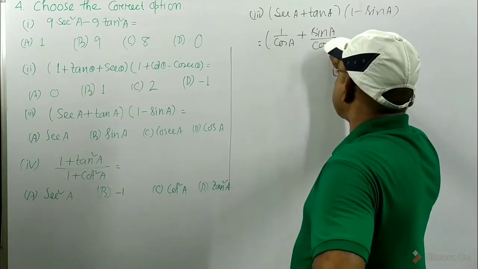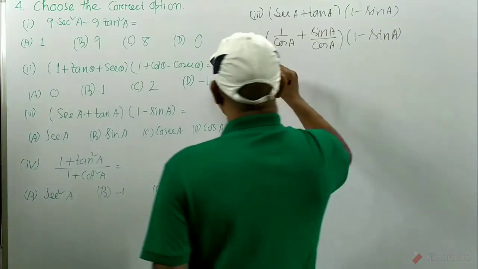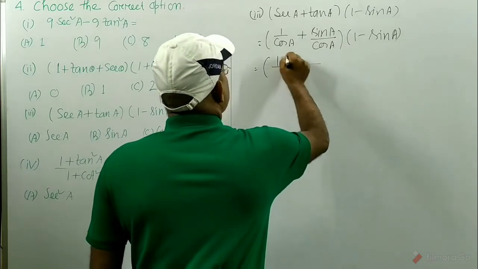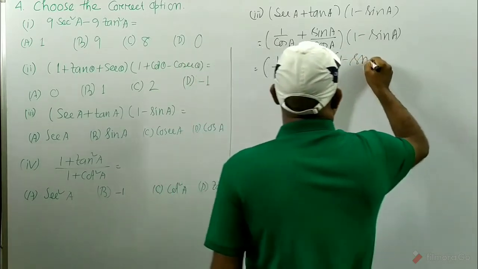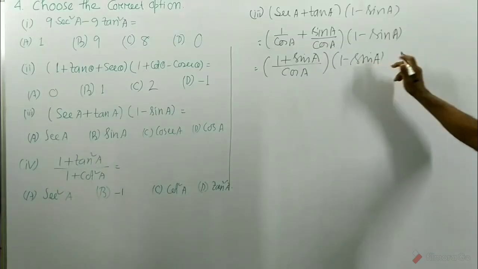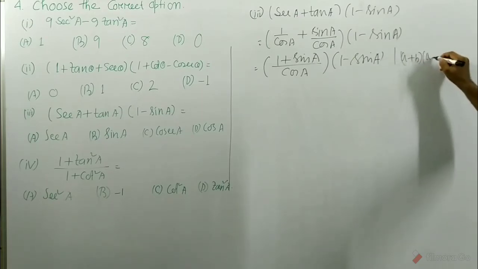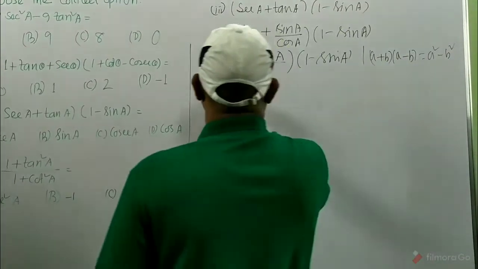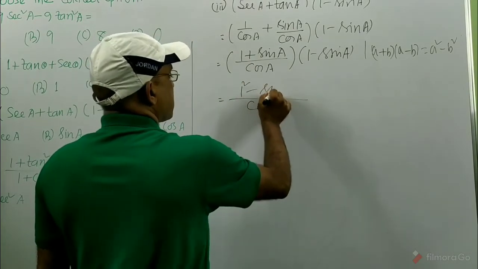So LCM is cos A, and we get 1 plus sin A in the numerator, multiplied by 1 minus sin A. Again we get A plus B into A minus B, which is A square minus B square.